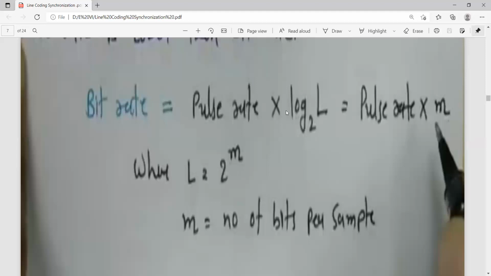So the entire formula reduces to pulse rate into m.